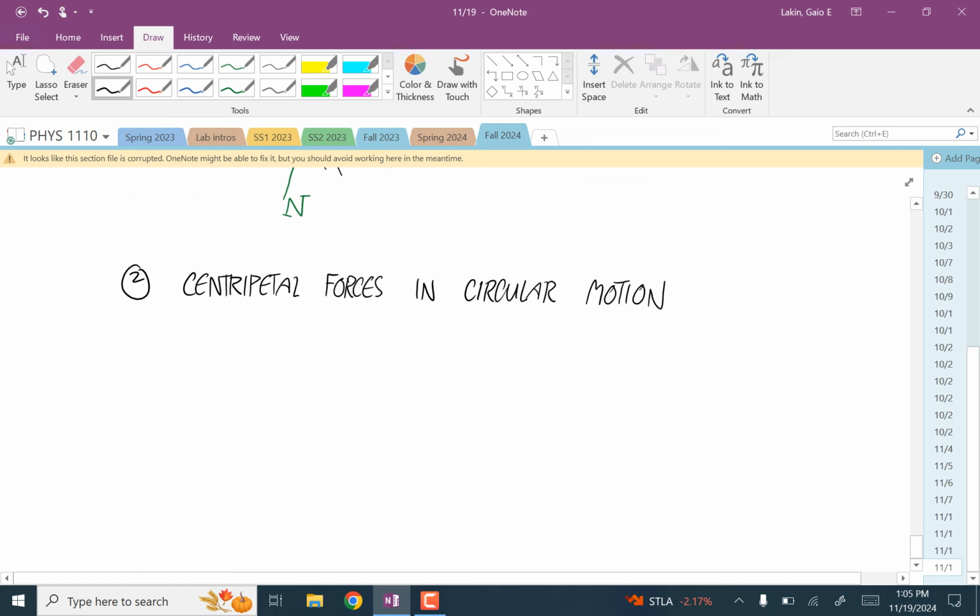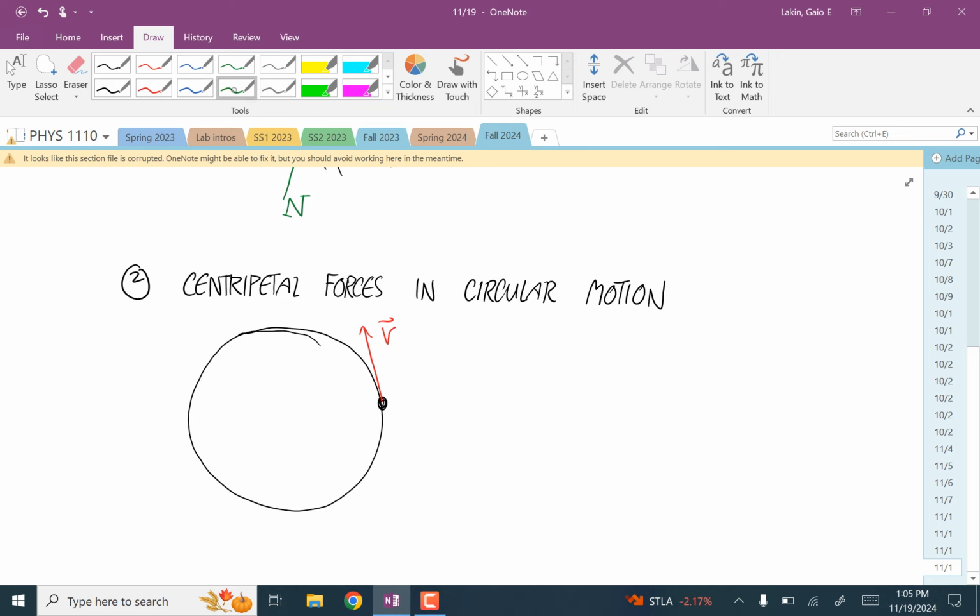And so if an object's moving in a circular path, the velocity is always tangent to the path. So if you have any force for whatever reason that is pointing toward the center of the circle, then those two are always perpendicular, and then that force doesn't do any work. So the best example of that would be like a string swinging something around is a force pointing toward the center. And so we can use conservation of mechanical energy in a case like that.